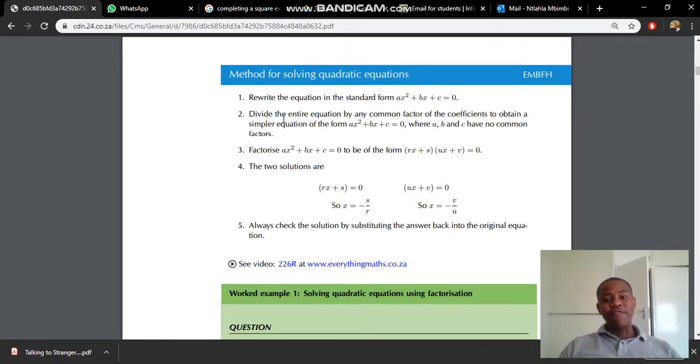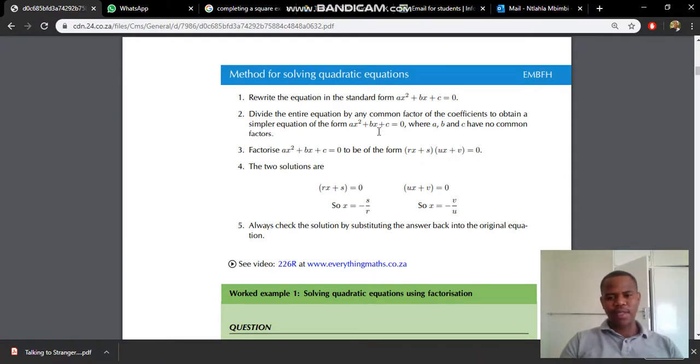And it says divide the entire equation by any common factor of the coefficients to obtain a simpler equation of the form ax squared plus bx plus c is equal to 0, where a, b, and c have no common factor.